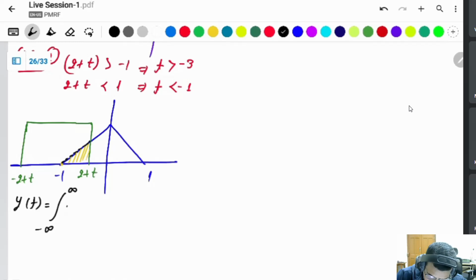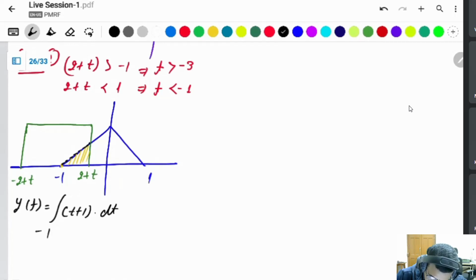The ramp signal is tau plus 1, into 1, the multiplication of the other signal anywhere is 1 only, d tau, sorry, d tau not dt, because this is the tau. The limit starts from minus 1 to 2 plus t.